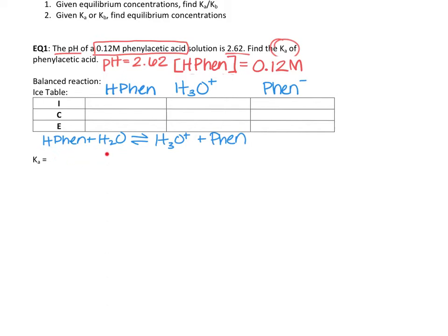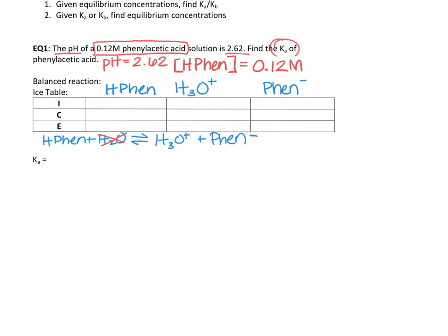It donated a proton to water. Water became H3O+, and then phenylacetic acid became phenylacetate, which has a negative charge because it donated a proton, and the proton or the acidic hydrogen is positively charged. Because water isn't included in the Ka or in the ice table, that's why you don't see it at the top of the ice table.